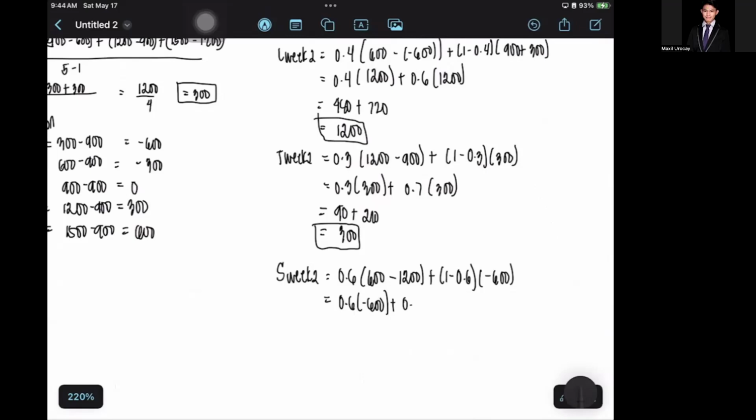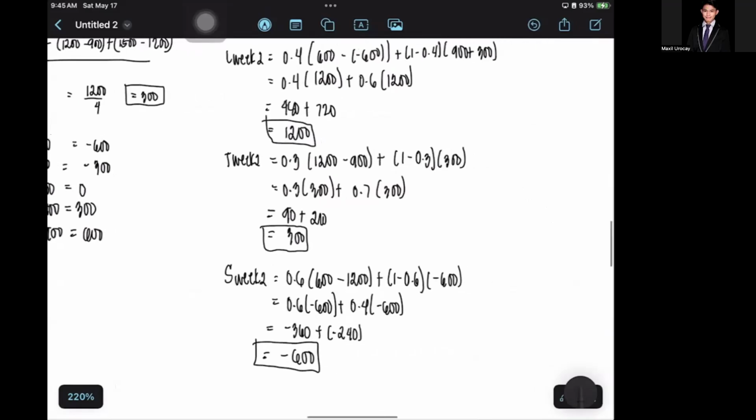And 0.6 times negative 600, that is negative 360. Plus 0.4 times negative 600 as well, that is negative 240. So adding that up, negative 360 plus negative 240, that is negative 600. So this is the seasonal for week 2.